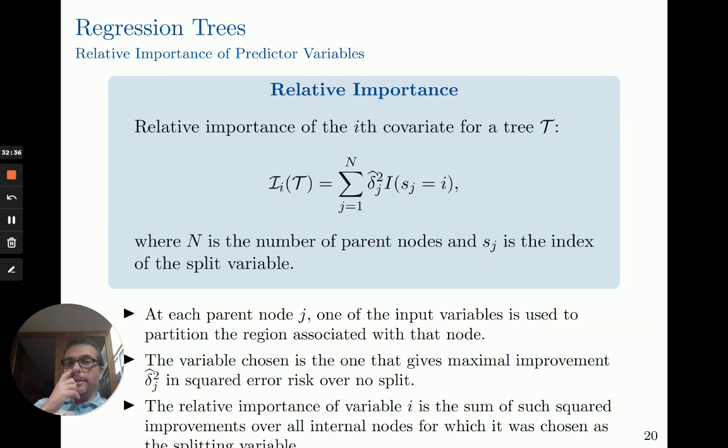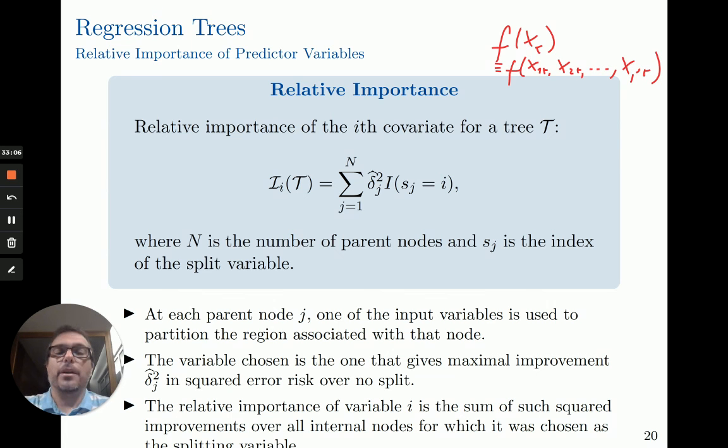Okay, but then you can say, all right, this gives us a measure of importance, but can we tell something about how nonlinear our function f is? Remember, we are trying to approximate this function, okay? So this function f is a function of x1t, x2t, up to xpt.